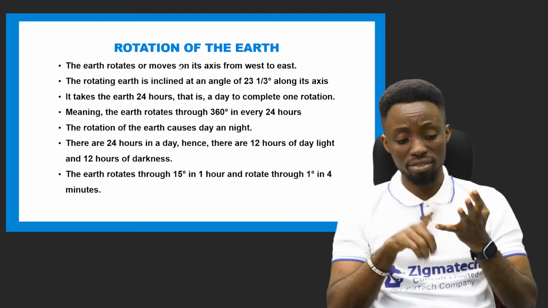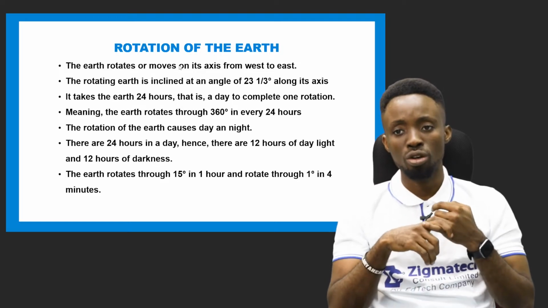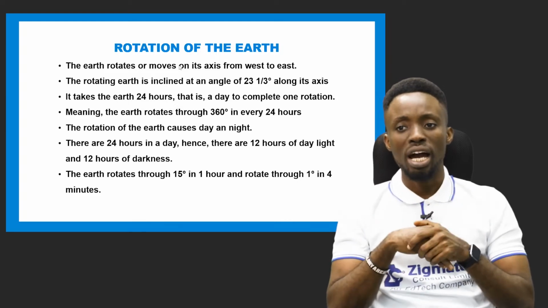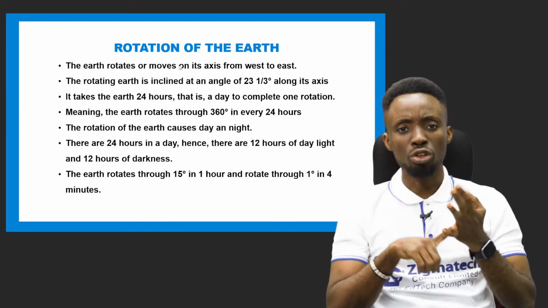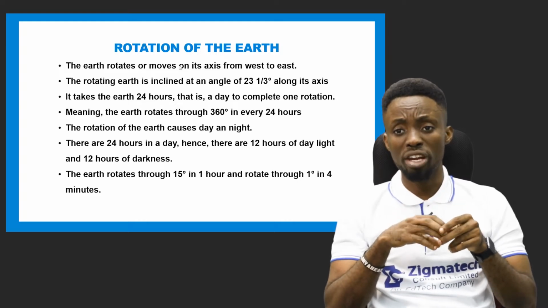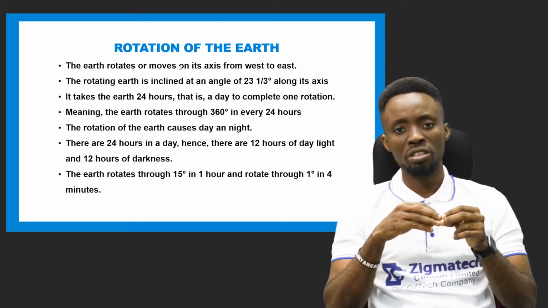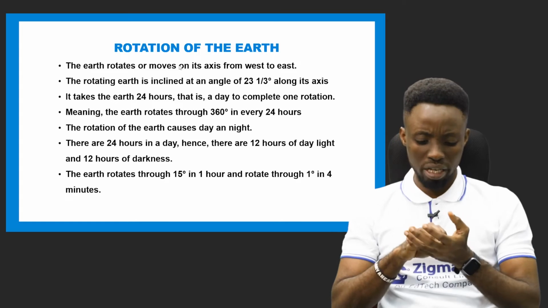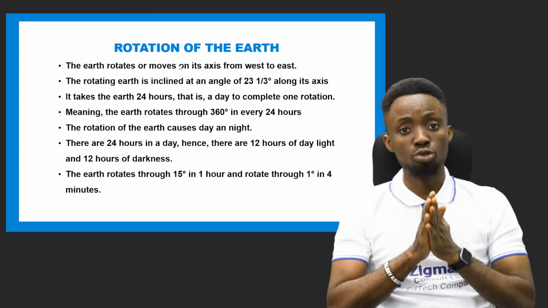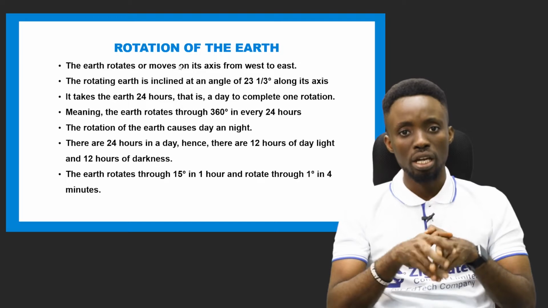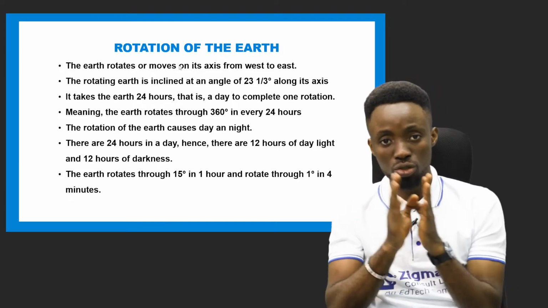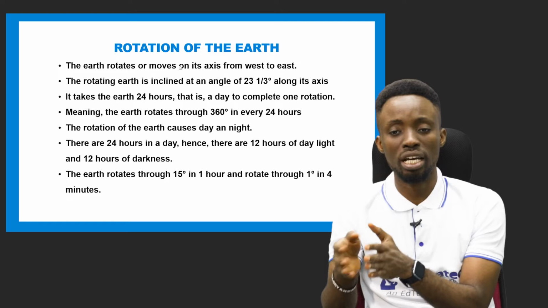And like I've said previously, it takes 24 hours to complete one rotation while it's inclined at that angle. During these 24 hours, the Earth will spin 360 degrees. And in this 360 degrees of 24 hours, we are going to have 12 hours of daylight and 12 hours of darkness.